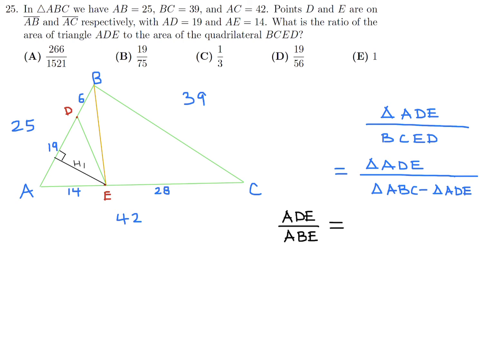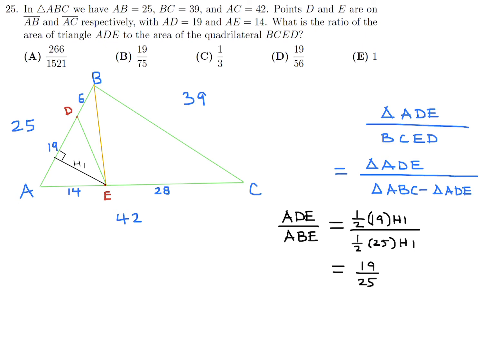Now, let's figure out the area. ADE, 1/2 base. What is the base of AD? It's 19, correct? Times height, well, the height I just drew, H1, all over ABE. ABE, the base is 25, 1/2 times 25, and it has the same height. So this just boils down to 19 over 25.